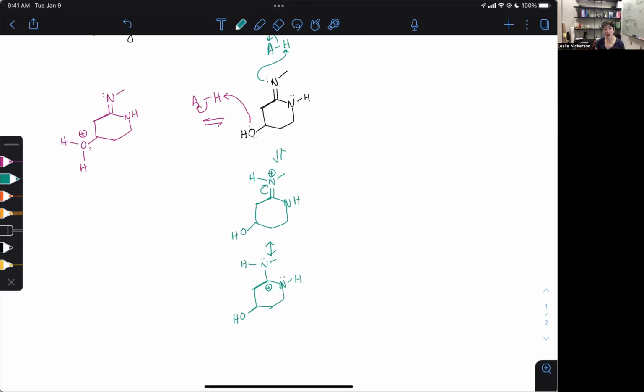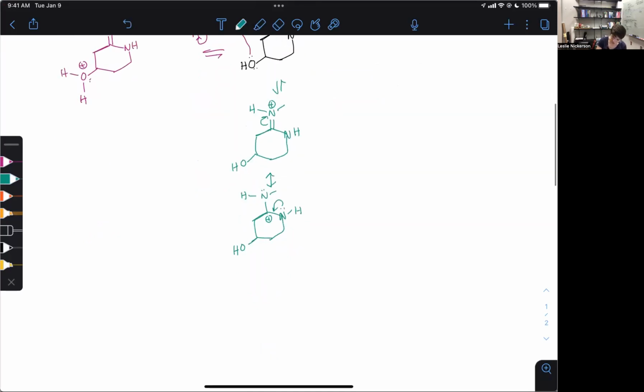Okay, then my other nitrogen has a lone pair that I can use for another resonance structure. And then that's pretty much where I need to stop.